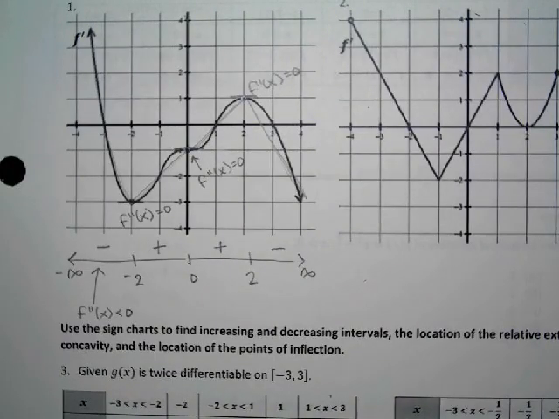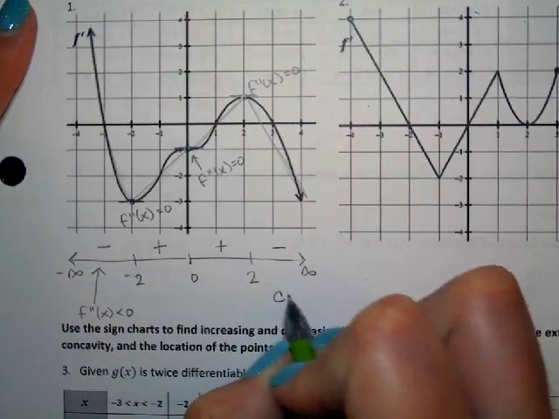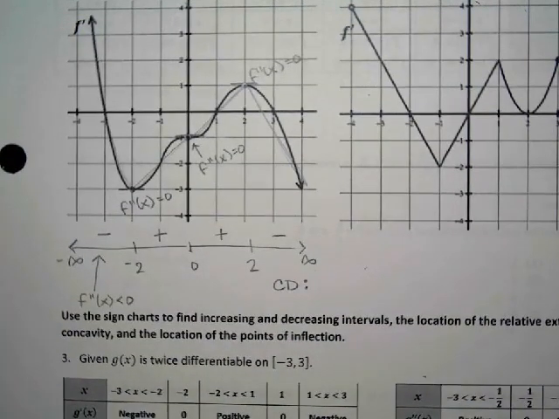So if we were to describe where the graph is concave down for the original function, what would we say?